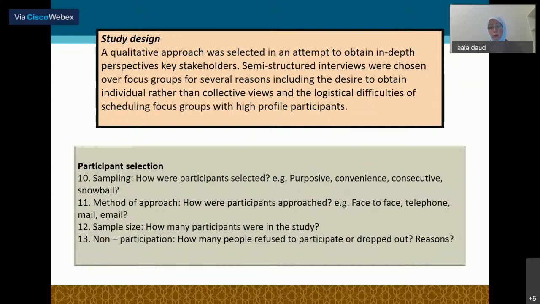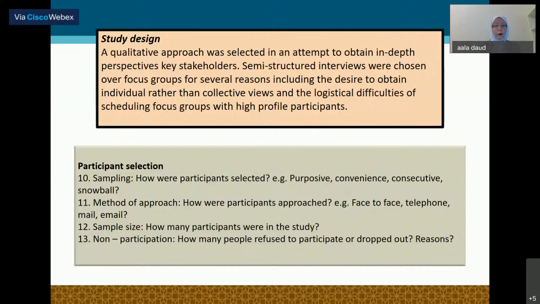Sample size, that was not mentioned yet. We might find it elsewhere. And the non-participation, so how many people refused to participate and what the reason was. Again, that wasn't mentioned. So far, we managed to find the approach, the design, which is using the semi-structured interviews.